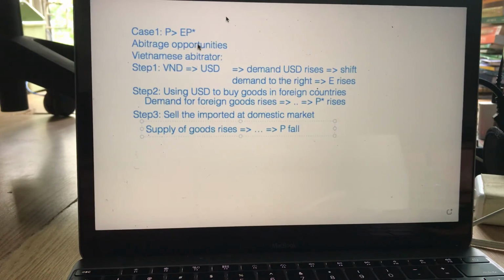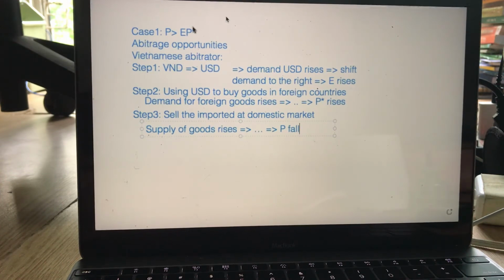Okay, so when the arbitrator comes into place, they do it in three steps, right? And finally, on the left-hand side, P decreases. On the right-hand side, both the exchange rate and P star increase, right?